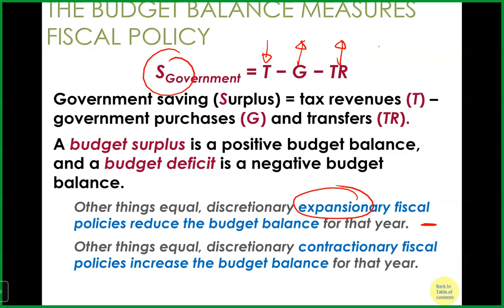On the other hand, if it is a contraction of fiscal policy, this is going to increase, this is going to decrease, this is going to decrease. And then this becomes more likely to be positive, or you're more likely to run a surplus. Right? So first, this is what that means. But secondly, like I said many times, if the government runs a deficit, how can they finance this?